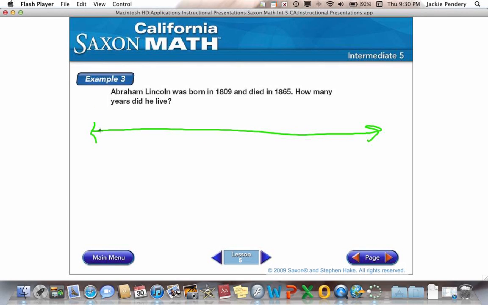Instead of going by hundreds, we can go by tens. 1800, 1810, 1820, 1830, and so on until we get to 1870. So he died in 1865. He was born in 1809. So to find the difference between these, just like a timeline or a number line, we subtract.